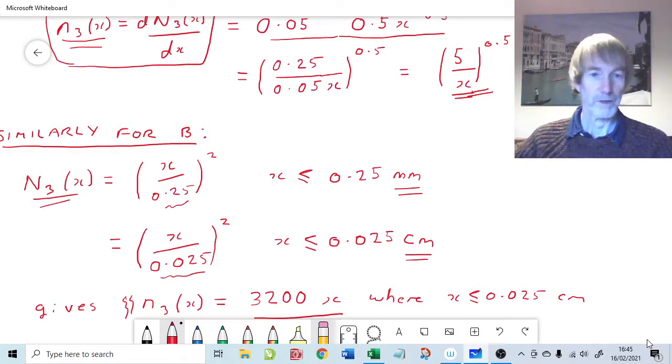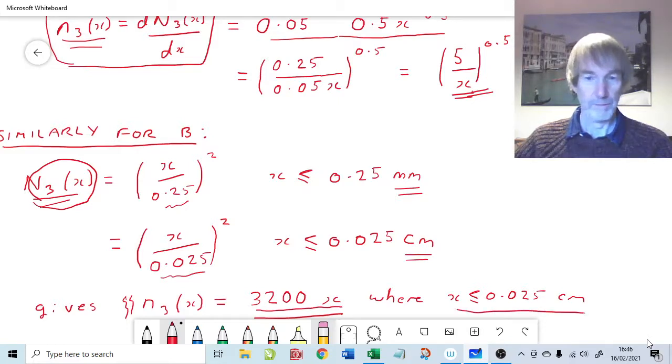And the n3x differential equation comes from differentiating the cumulative equation, and that's basically a fairly straightforward differentiation, because clearly we've got 1 over 0.025 all squared times x squared, and then of course we differentiate x squared to simply be 2x, and by the time all the collecting together of terms comes out, the answer is simply 3,200 times x, where this is our limit, where x is less than 0.025.